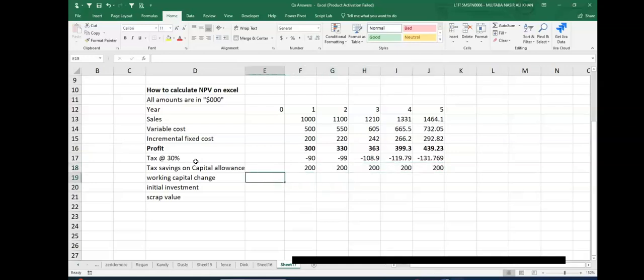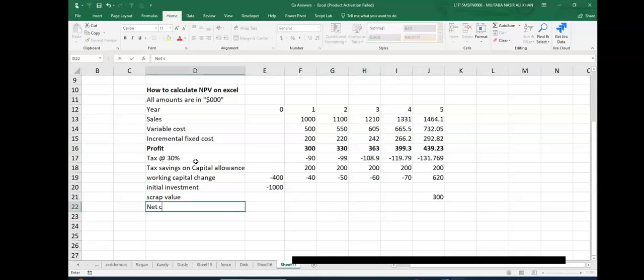Working capital change is, for example, minus 400, minus 40, minus 50, minus 60, minus 70, and all the amount will be recovered in the last year: 620. Initial investment is, for example, 1,000. And scrap value is, for example, 300.